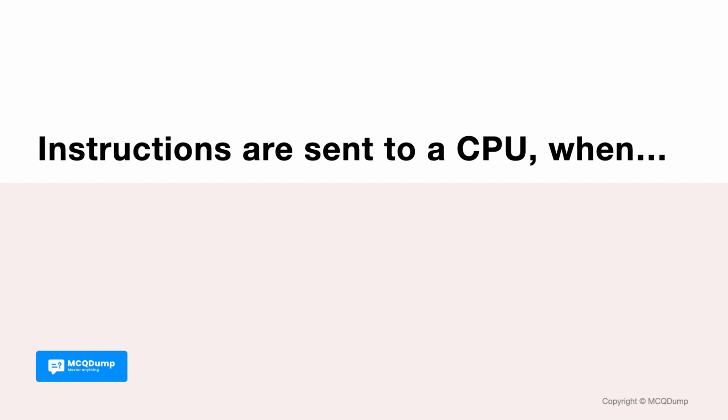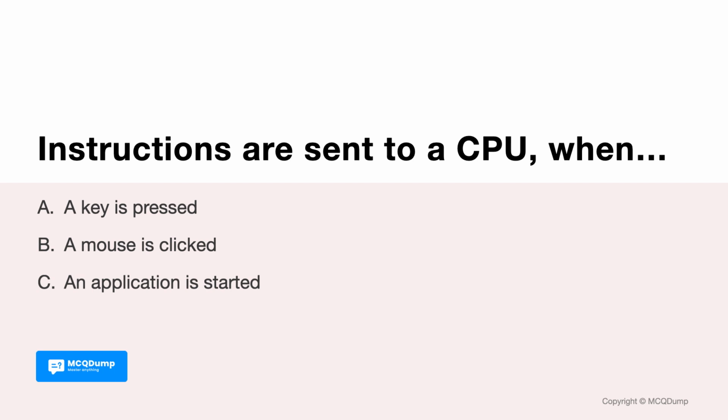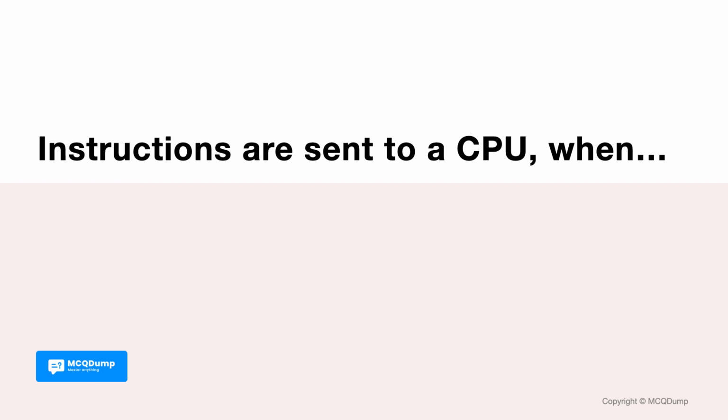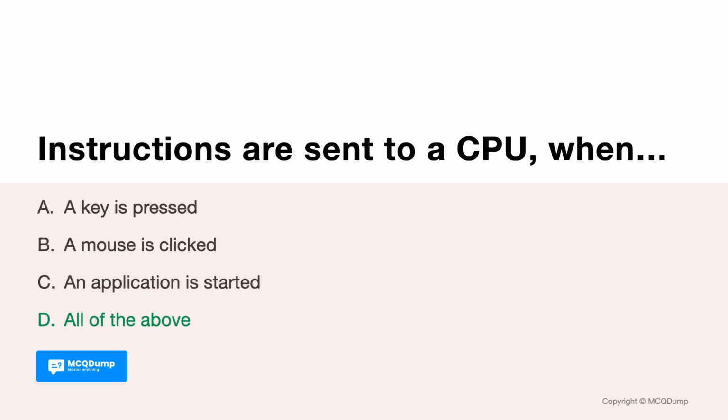Options are A. A key is pressed, B. A mouse is clicked, C. An application is started, and D. All of the above. Answer is D. All of the above. Instructions are sent to a CPU when a key is pressed, or a mouse is clicked, or an application is started.